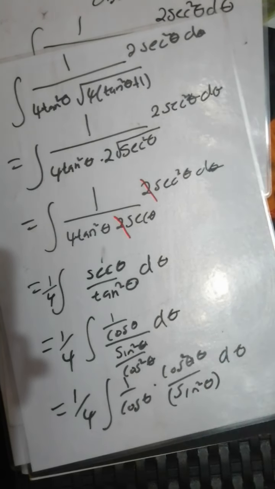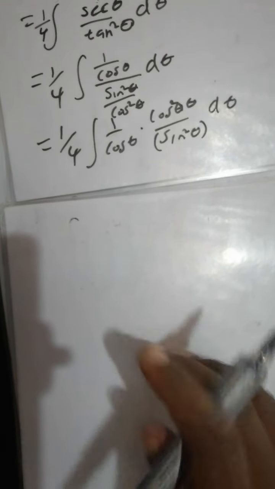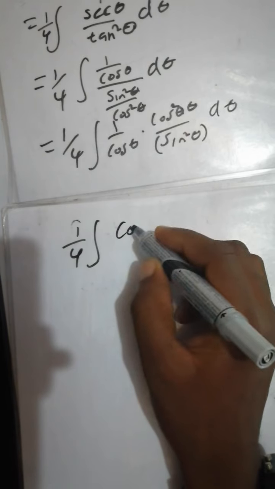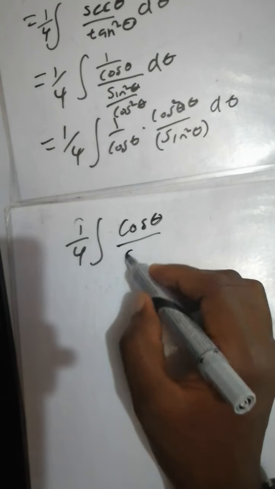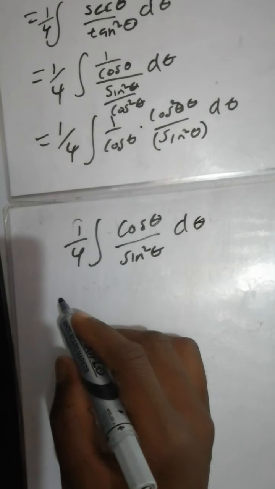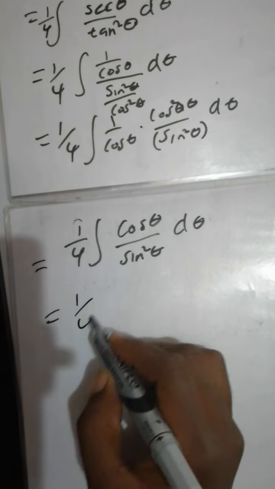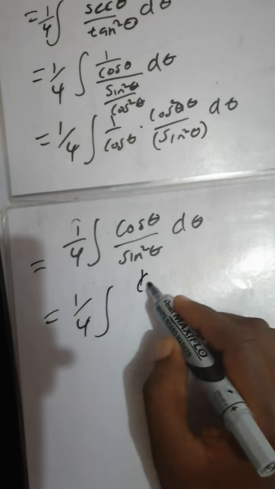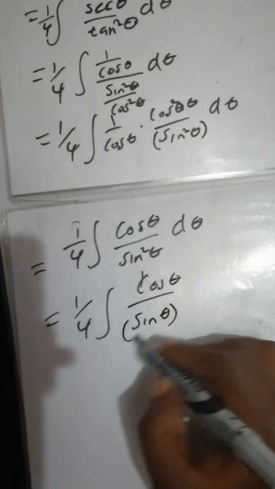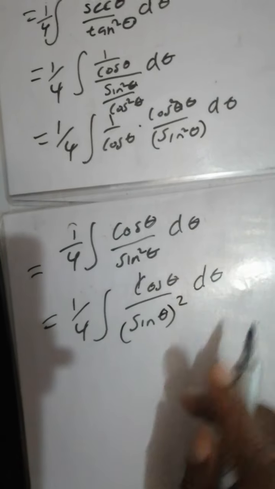Let's simplify this further. So this is 1 over 4, cos theta over sine squared theta d theta. So this is equal to 1 over 4 times cos theta over sine theta to the power 2 d theta.